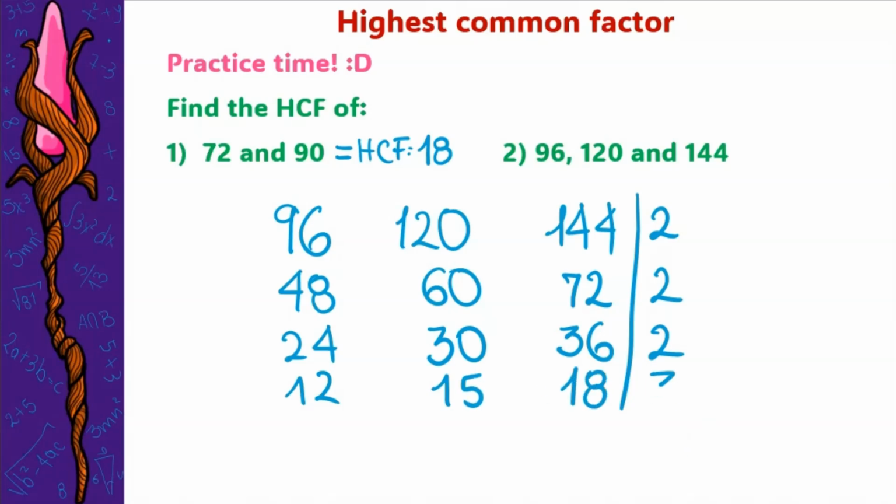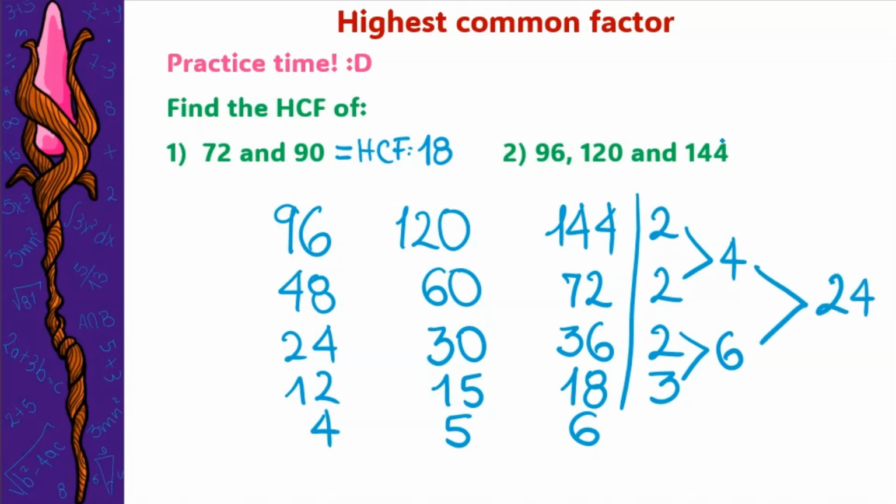We can divide by 3: 4, 5, and 6. And then it's done. We cannot do anything else to all of them since we have a prime number here, and none of the other numbers are multiples of 5. 2 times 2 is 4, 2 times 3 is 6, and 6 times 4 is 24. So the highest common factor is 24 in this case.